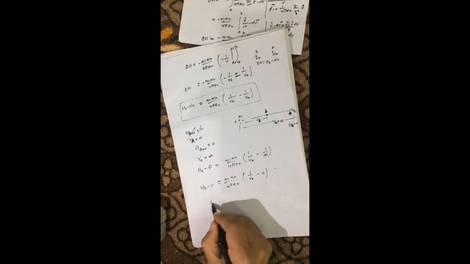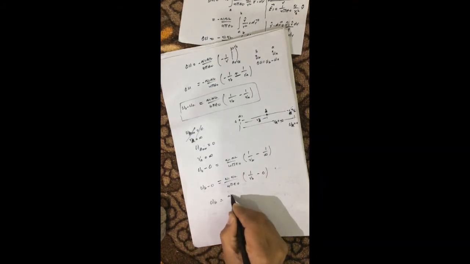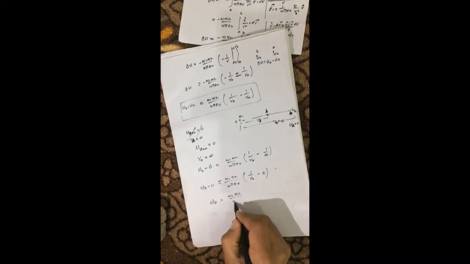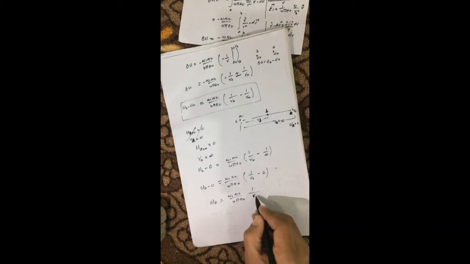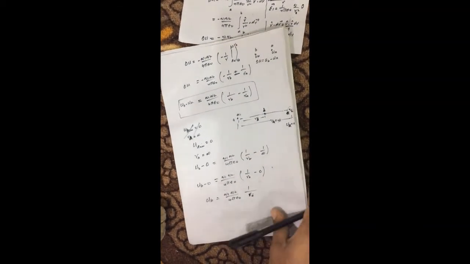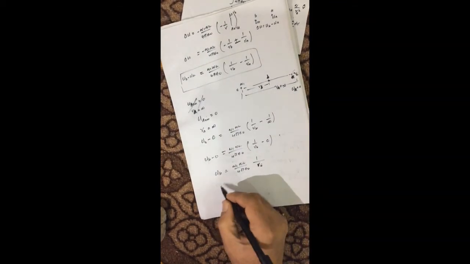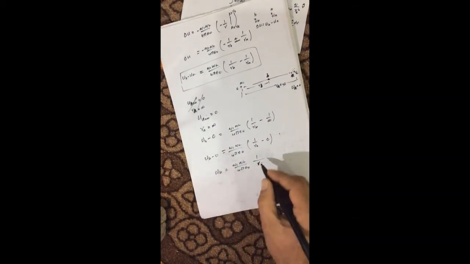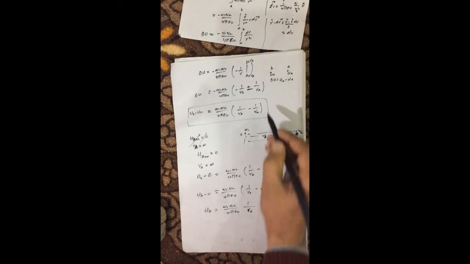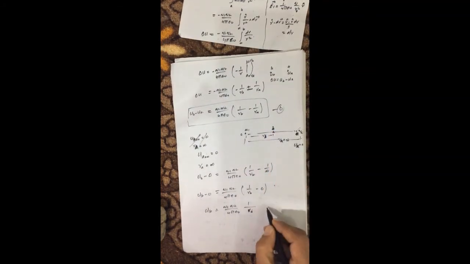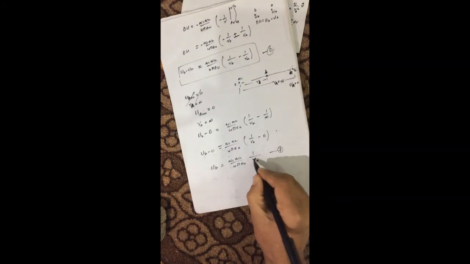UB is equal to Q1 Q2 over 4 pi epsilon naught 1 over RB. Let's say this is equation 7. This is at point B.